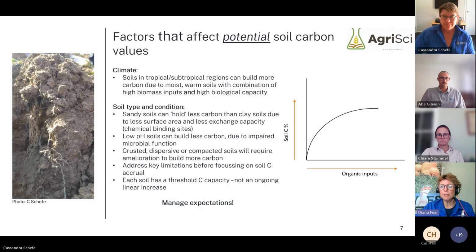Does the spread of rainfall change the possible soil carbon as well as total rainfall? The results that I showed before were averaged over large areas and different systems, but we know that fundamentally it's attached to plant biomass and plant growth. If we have a big dump of rain in summer, we might get some plant growth through that.